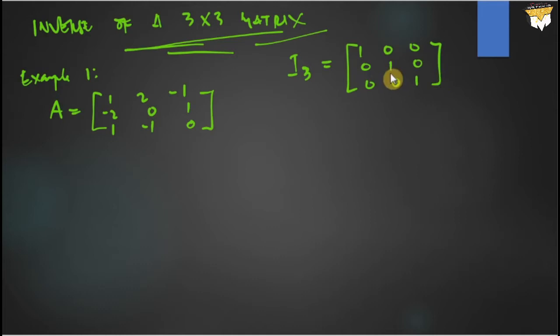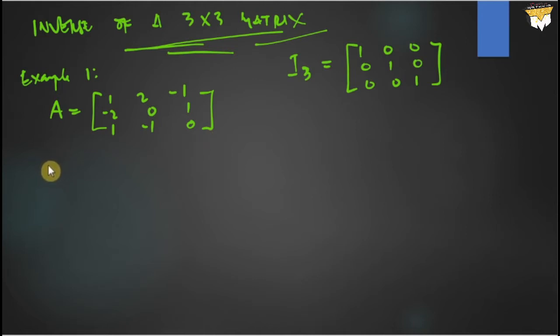Okay? Now, anong gagawin natin dito? So, we're going to work hand in hand with this identity matrix mula dito sa given matrix. And we're going to perform the elementary row operations.